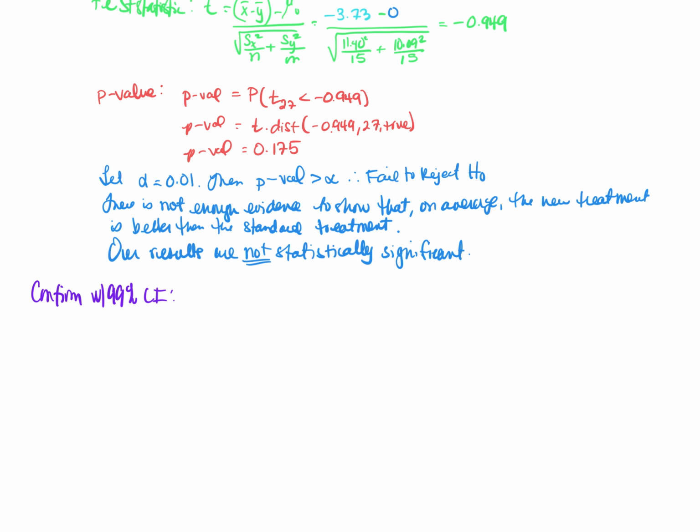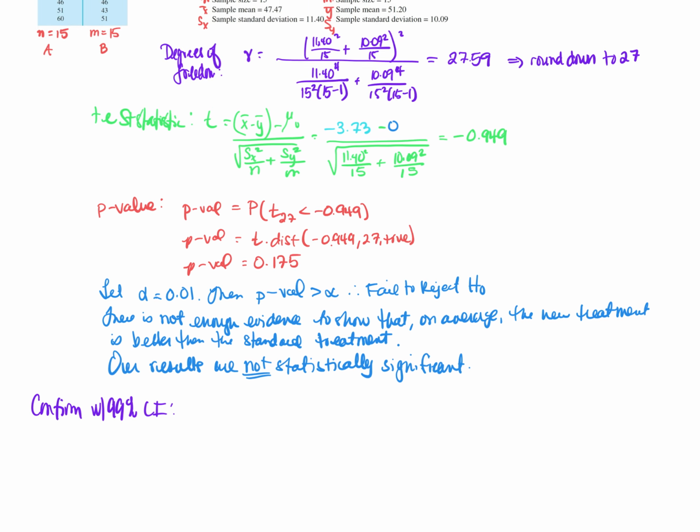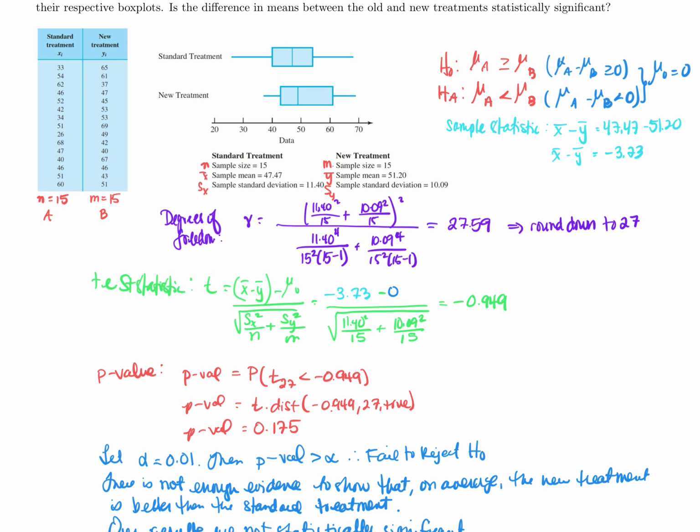And this is where things get kind of fun, because if you look back up at our test, what did we say? We said that our alternative is that mu A is less than mu B, or mu A minus mu B is less than 0. That is a left-sided test, so this is a left-sided confidence interval.